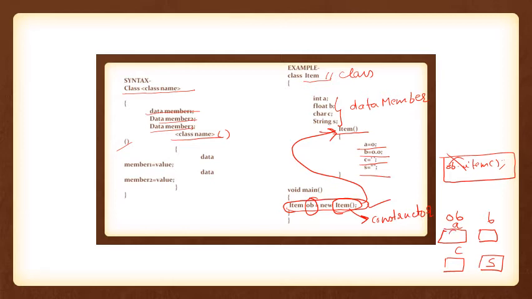So it initializes the A with 0, B with 0.0, character with single quotes and string with what? Double quotes. So it constructs the object OB, and during the construction of the object OB, it provides the initial value to the data member. So all of you learn, children, how can we define a user defined default constructor.